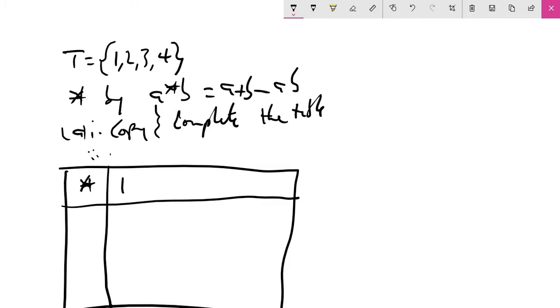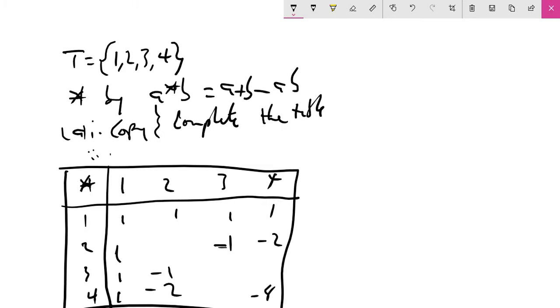We have 1, 2, 3, 4 along the top and side. The first row is 1, 1, 1, 1. Then 1, nothing here, minus 1, and minus 2. Then 1, minus 1, and nothing, and then 1, minus 2, and minus 8.